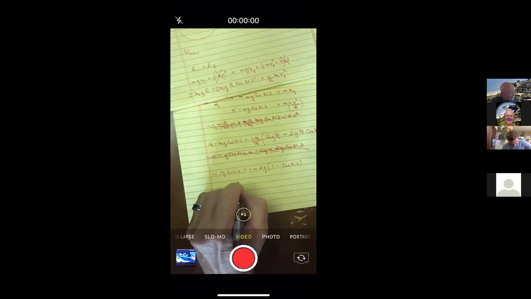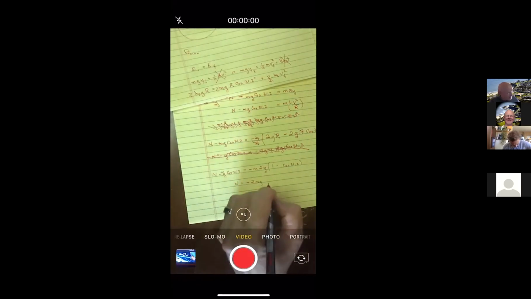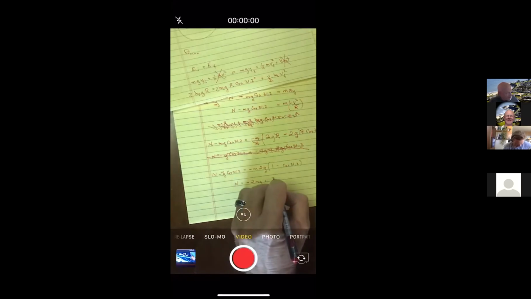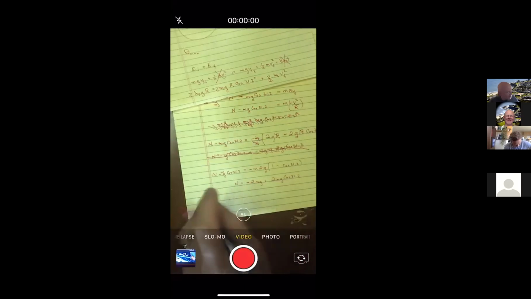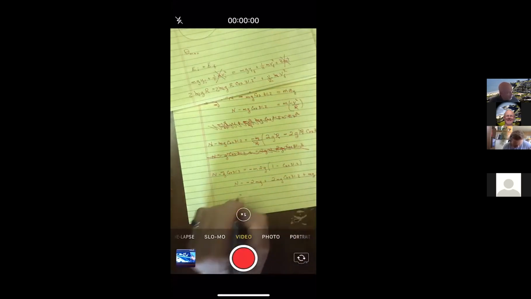And so this would be an N. And if I put this together, it's minus 2mg, and it's a plus 2mg cosine 31.2. And bringing this over is plus another mg cosine 31.2.